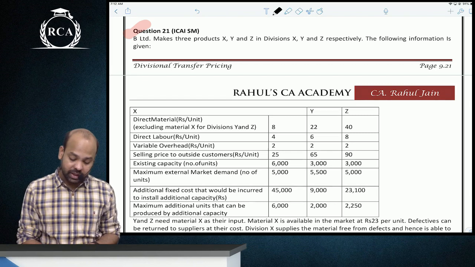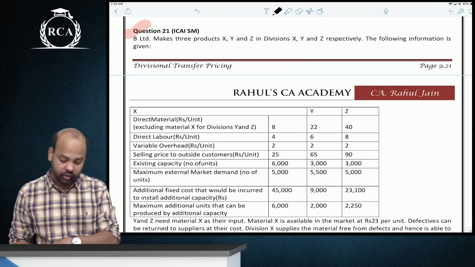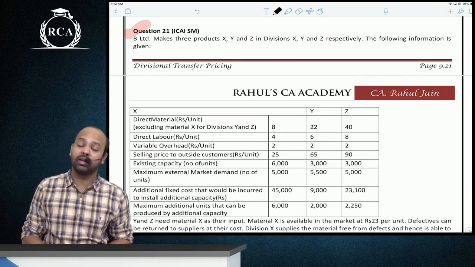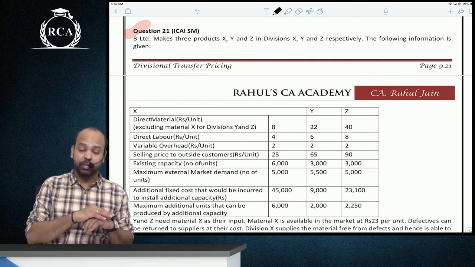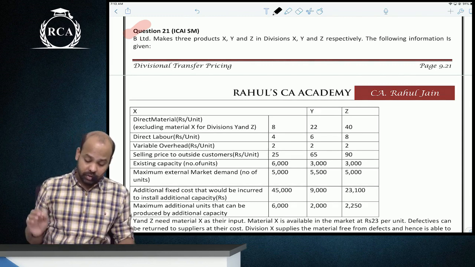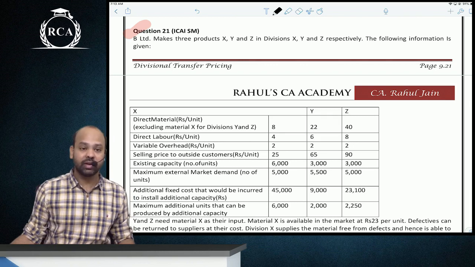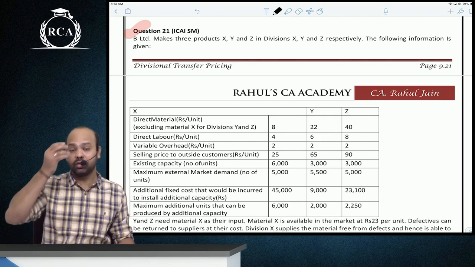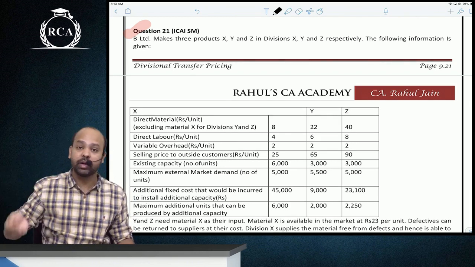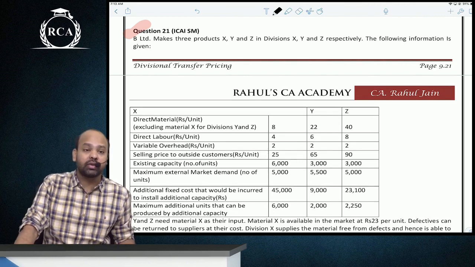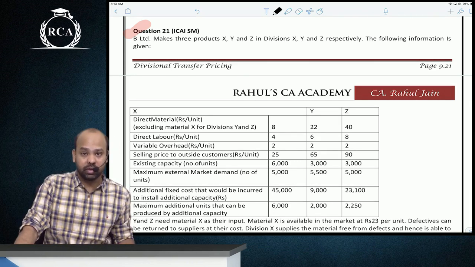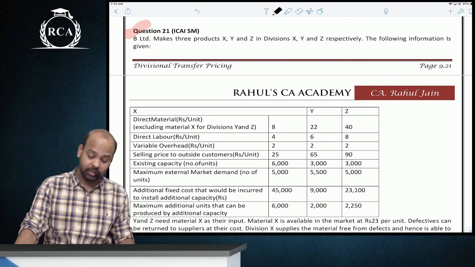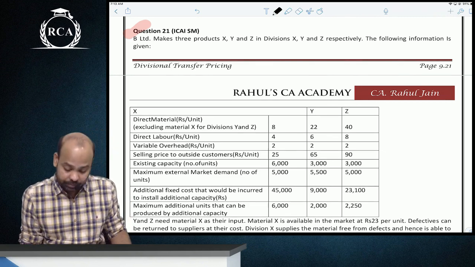For division Y, guys, again the capacity is 3,000 units. You can increase it by another 2,000 units, and the market demand is 5,500 units. So even if you increase the production capacity by 2,000 units, your total production capacity becomes 5,000 units, and based on that, yes, it will be beneficial.